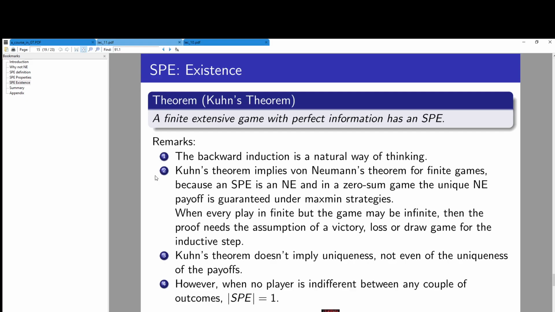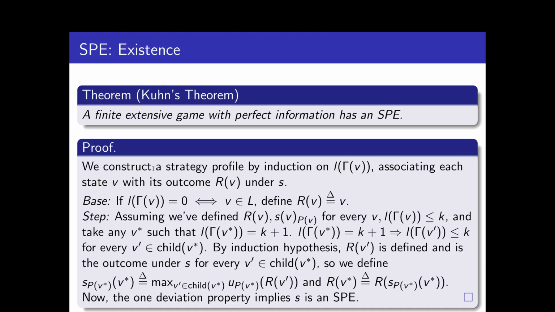Yes, for the combinatorial game, in other words, if we know that it's only a victory, loss, and draw game, we can generalize this proof, because we need in the inductive step that we will be able to tell which action is the best. That's what we do here. Now, in general, we can have no best action if there is an infinite number of actions. But if the values of these R's are only 1, 0, minus 1, even if the number is infinite, we can have the best action.